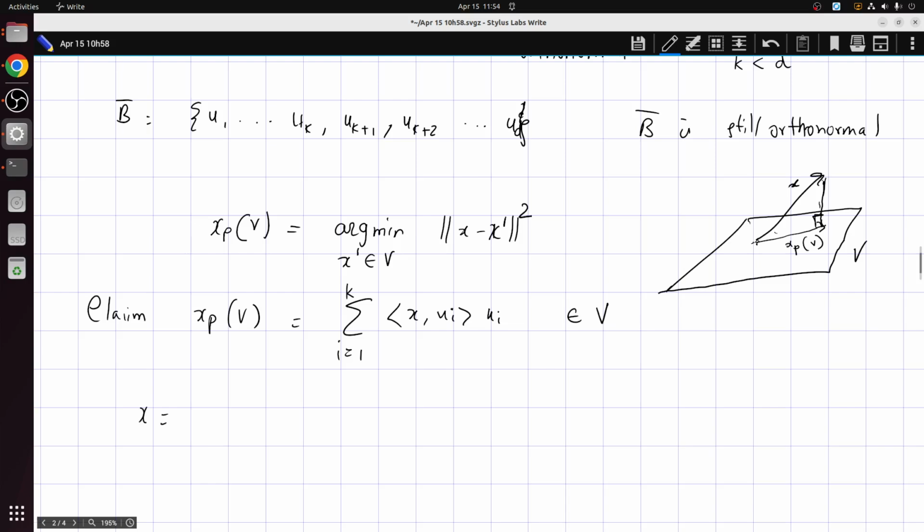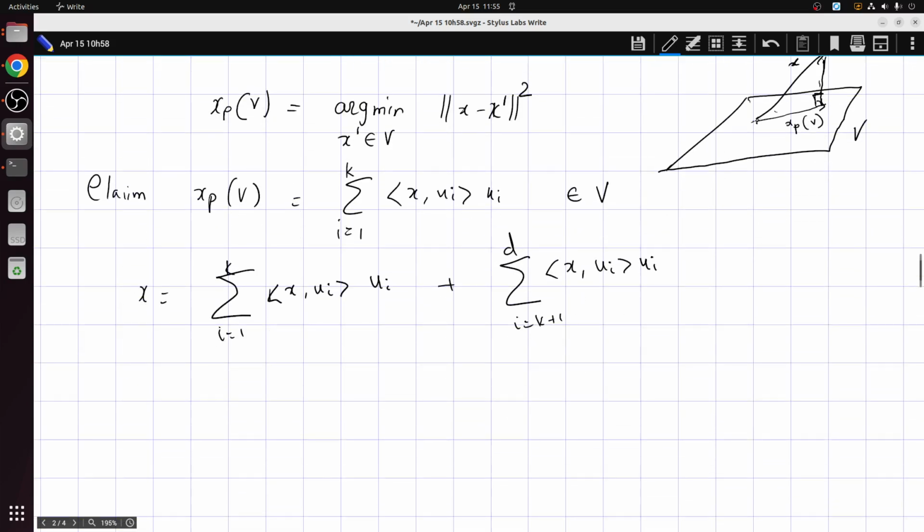Any vector X can be written in terms of the basis B bar as follows: the summation i going from 1 to k of the inner product of X and U_i times U_i, plus the other elements which are not in the basis B but are in B bar, i going from k plus 1 to d, of the inner product of X and U_i times U_i.